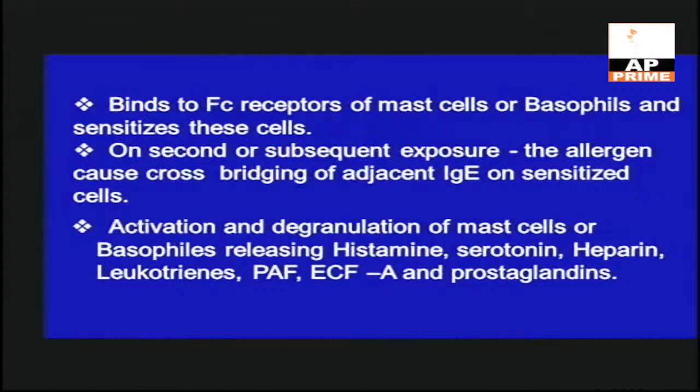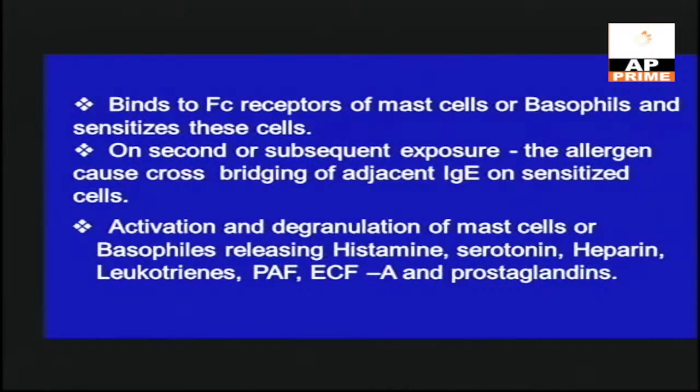So on first contact, as we already studied, the allergen causes the sensitization and differentiation of B lymphocytes, and the B lymphocytes produce IgE antibodies, which are specifically known as reagin antibodies. And these antibodies bind to the Fc receptors of the mast cells or basophils and sensitize these cells.